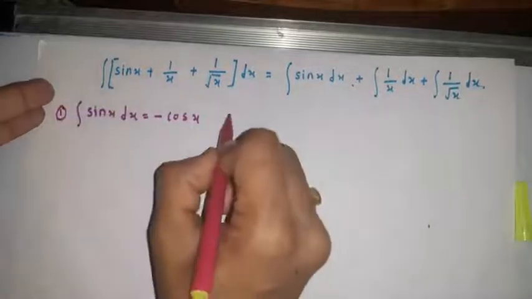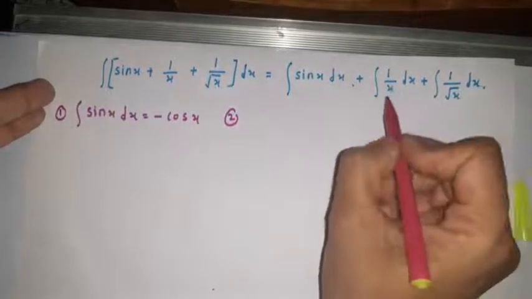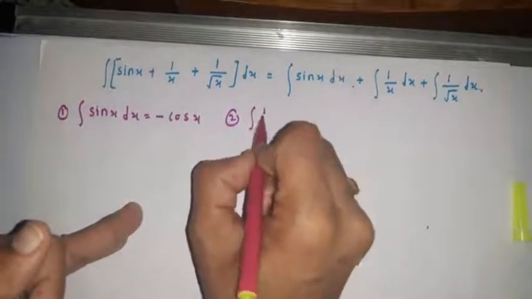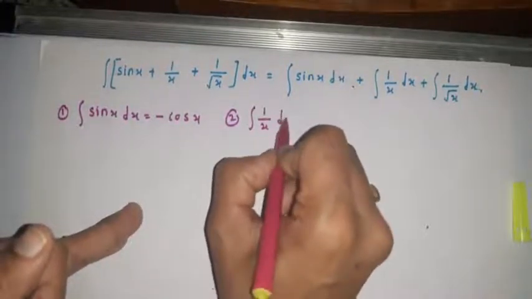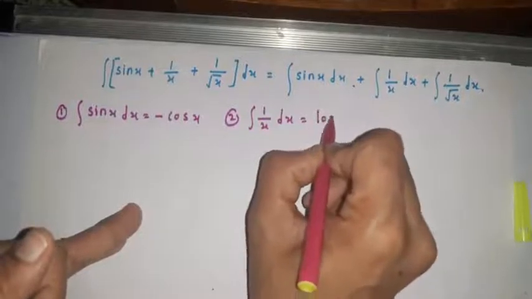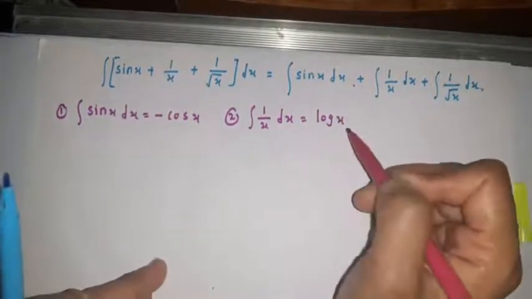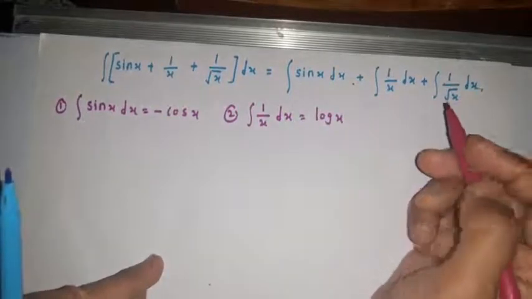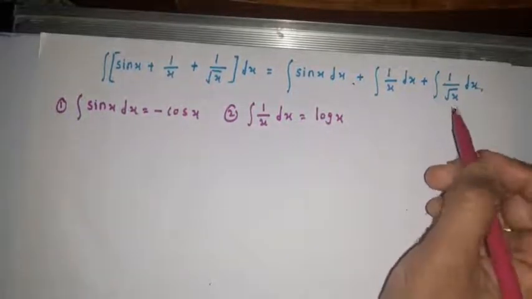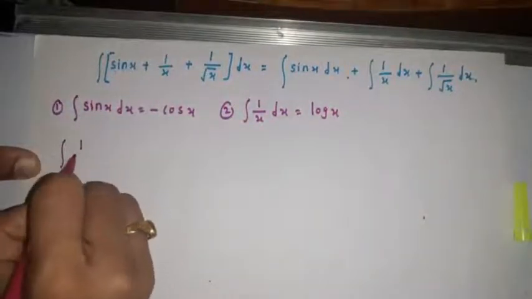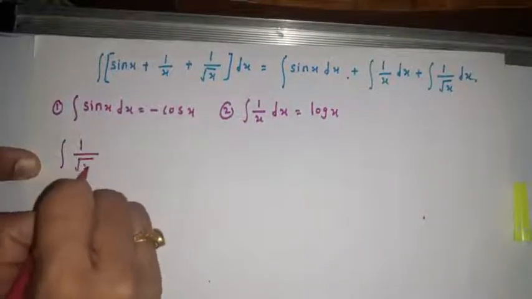For the second function, that is 1 upon x, the integration of 1 upon x with respect to x is log x. That is again directly by using the formula we can write the integration. But now see the third function. What is the third function? The third function is 1 upon root x.